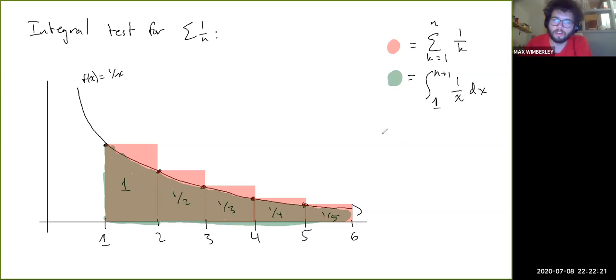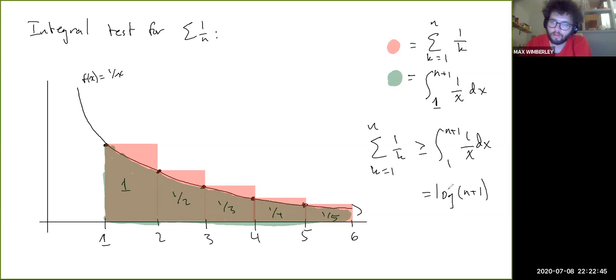So what we're saying is that the sum from k equals 1 to n of 1 over k is greater than or equal to the integral from 1 to n plus 1 of 1 over x dx, okay? And we know how to compute this. This is just log of n plus 1, right?